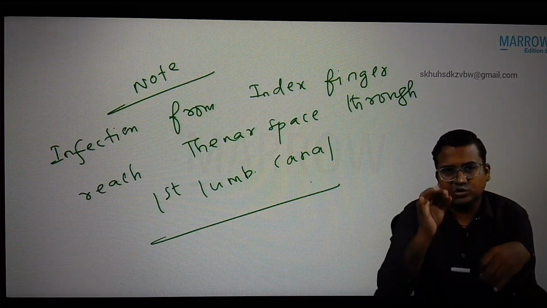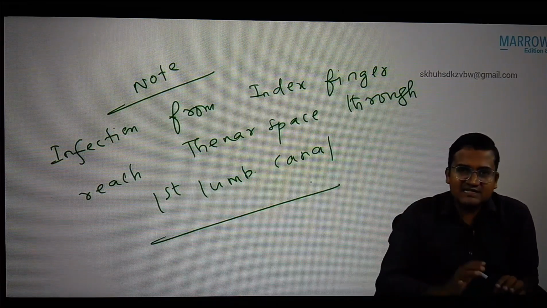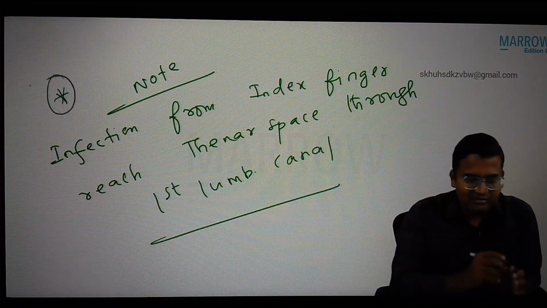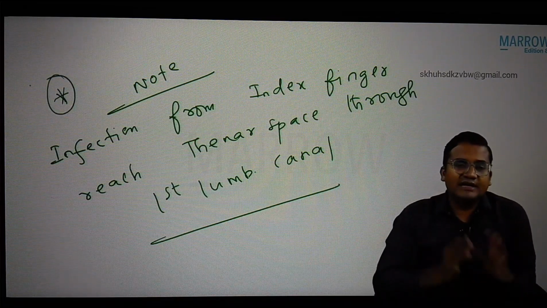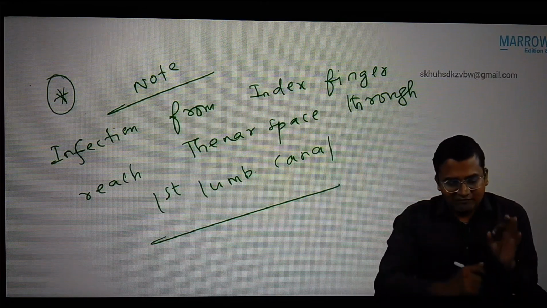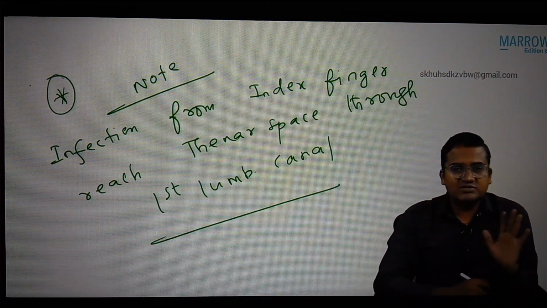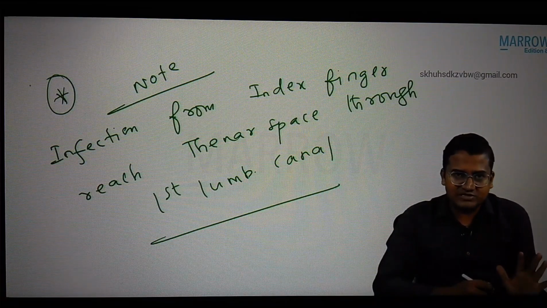This is an old NEET question, old DNB question, and chances are there to ask in your coming INI-CET, NEET and FMG exams. Very, very important point. It is the takeaway message from this topic: infection from the index finger will reach the thenar space. Please don't forget this. That's all about the mid-palmar space and the thenar space.